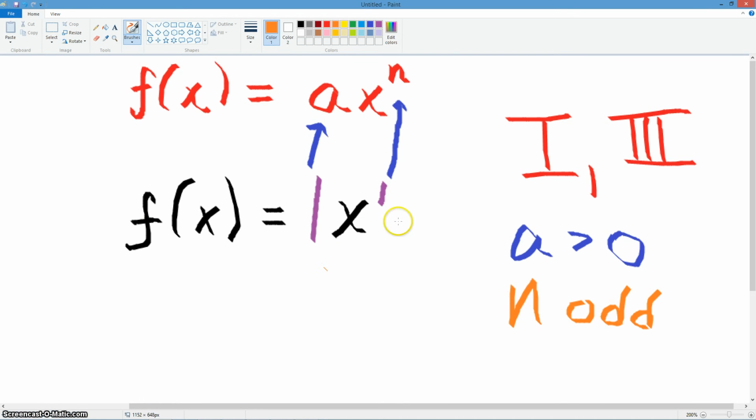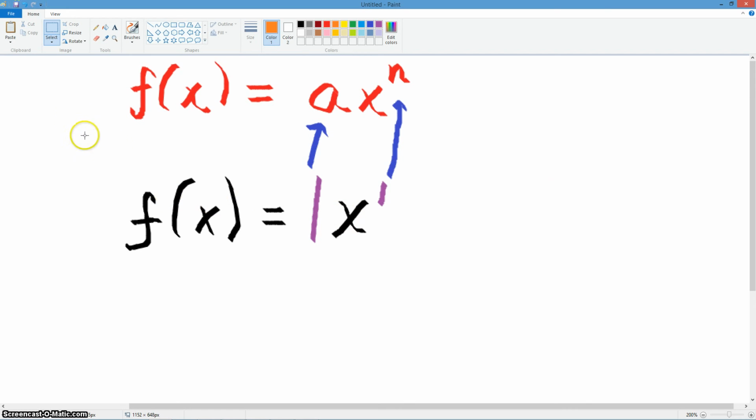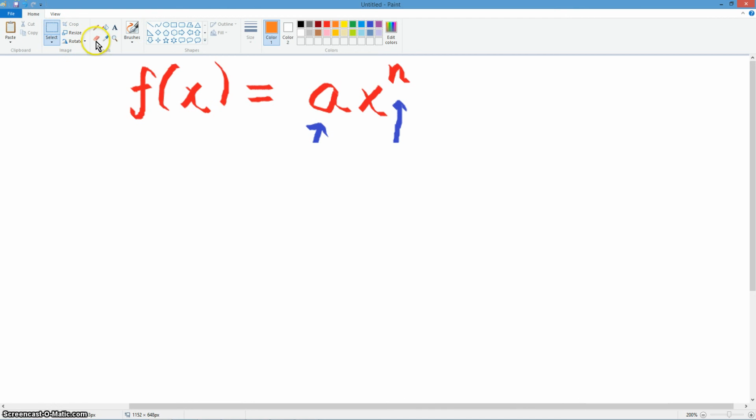So let me clear this out here. Let me erase this part here. I'm going to still keep up the generic equation there because we're going to always go back to it.